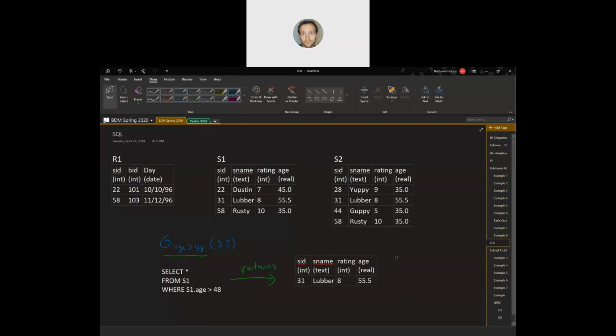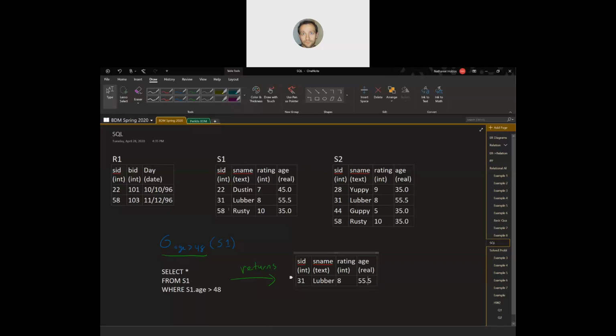So in the same way that relational algebra queries a relation and returns a relation, SQL queries a table and will return a table. And just like a relation has a schema, the table also has a schema. So please remember that.